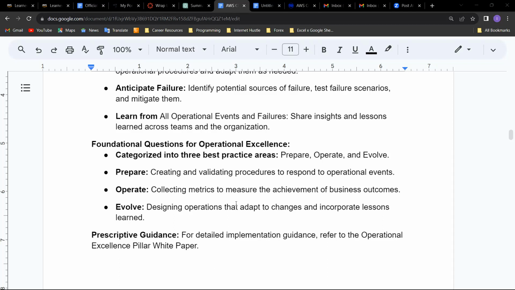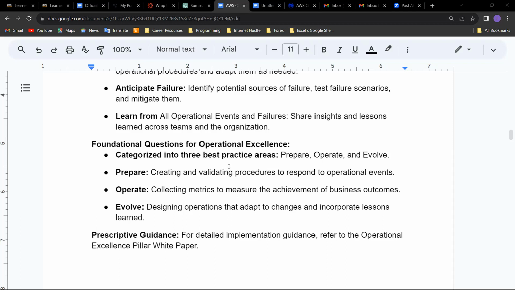Evolve is about designing operations that adapt to changes and incorporate lessons that you have learned. Those are the foundational questions you ask or answer as far as operational excellence is concerned. That is basically it for the operational excellence pillar in the Well-Architected Framework.